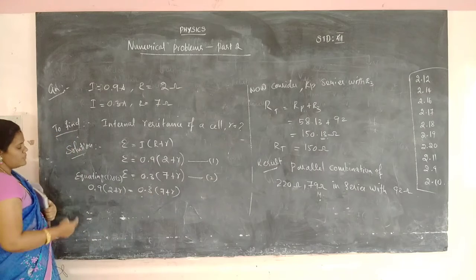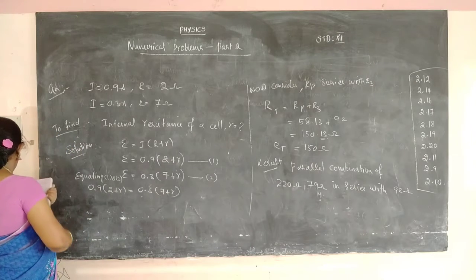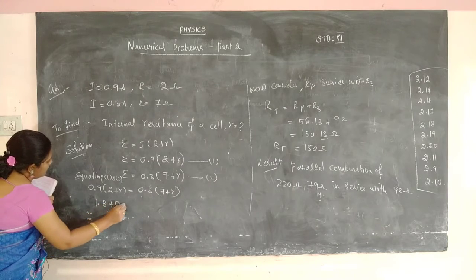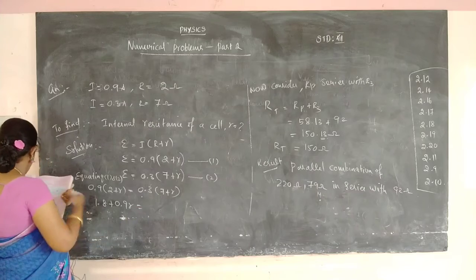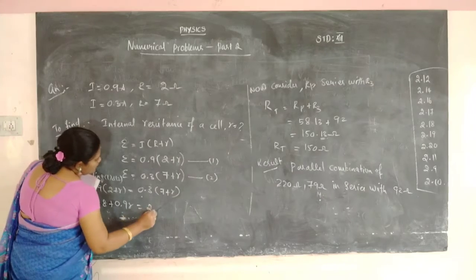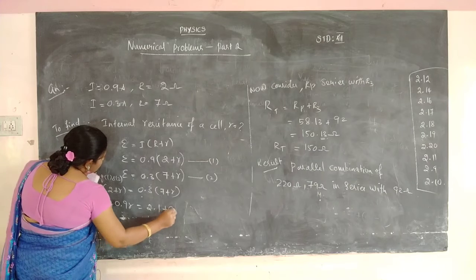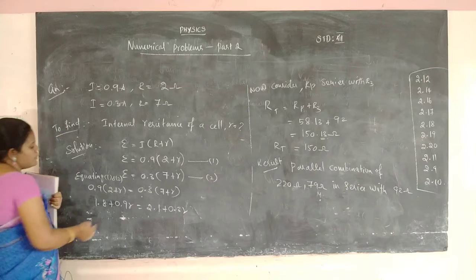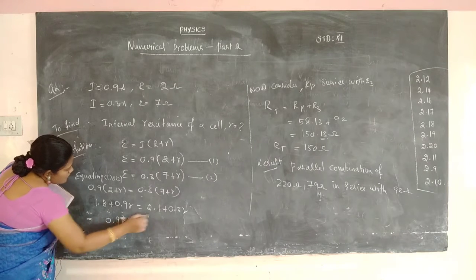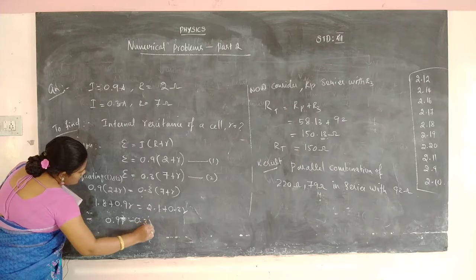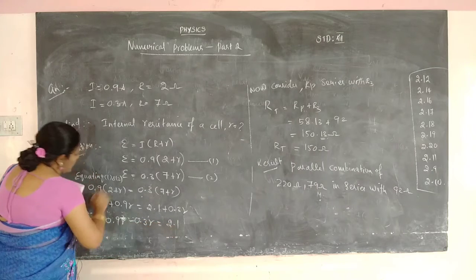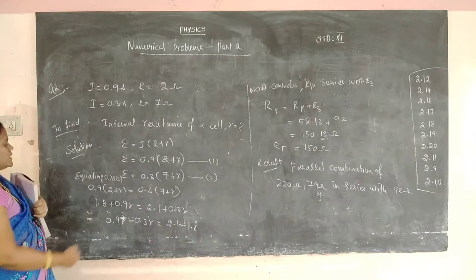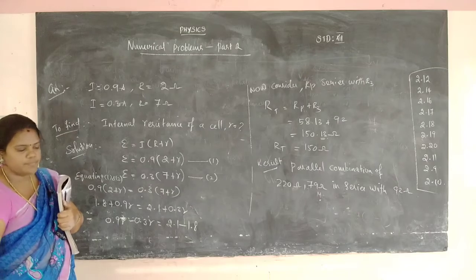Multiplying both sides, 0.9 into 2 is 1.8, so 1.8 plus 0.9 r is equal to 0.3 into 7, 2.1 plus 0.3 r. We take r on one side and the numbers on the other side. So 0.9 r minus 0.3 r is equal to 2.1 minus 1.8.